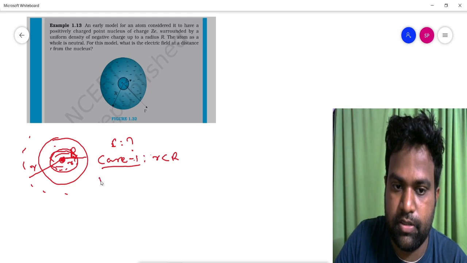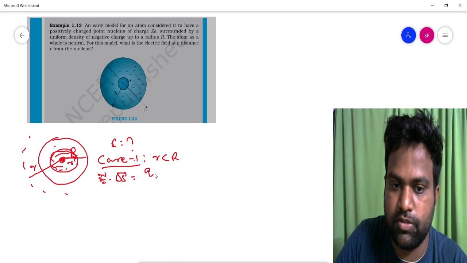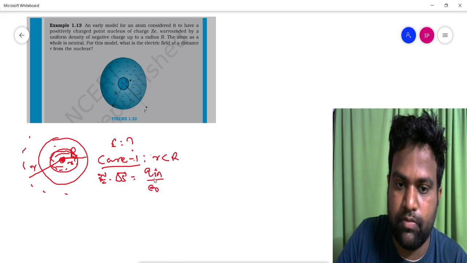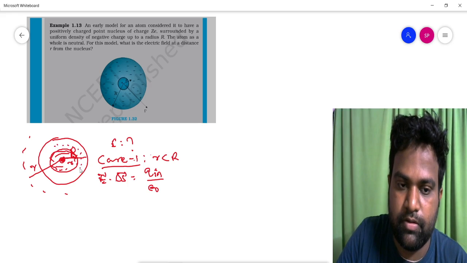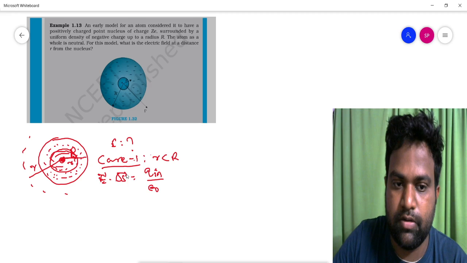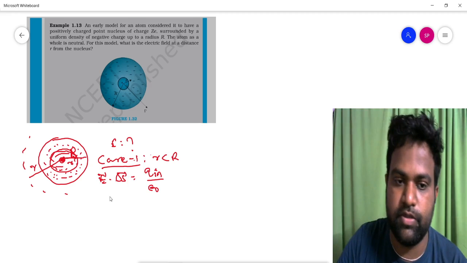we can write E dot the surface area, that is flux, is equal to, from Gauss law, Q inside by epsilon naught. Now what is Q inside? I think this is a little tricky, and you can think carefully.